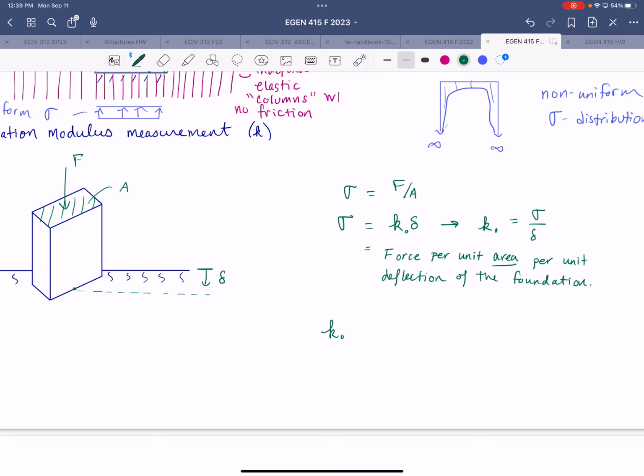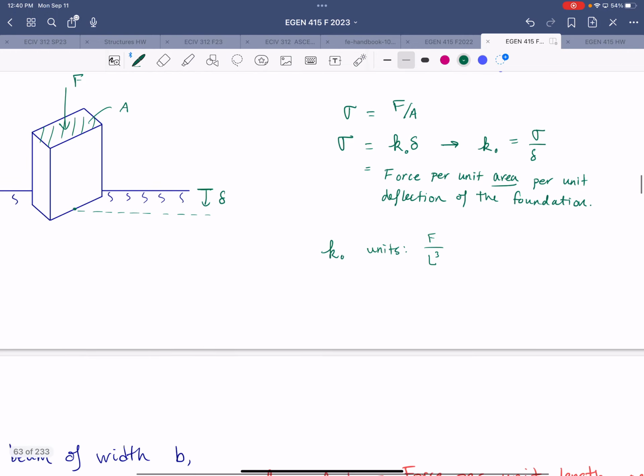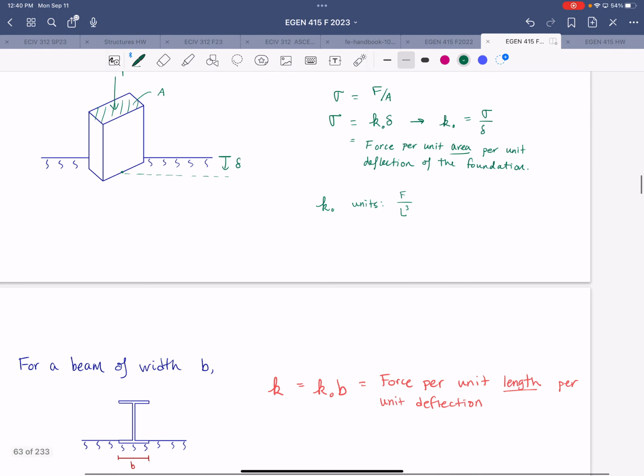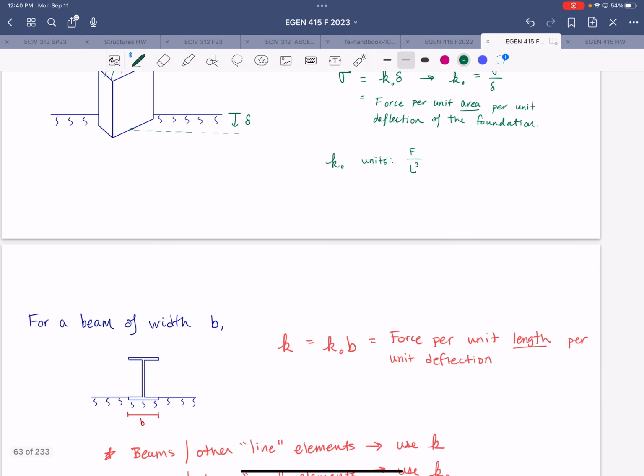And so the units of this K naught value would be force per length cubed. In this class, we're going to be dealing with beams though, not areas.